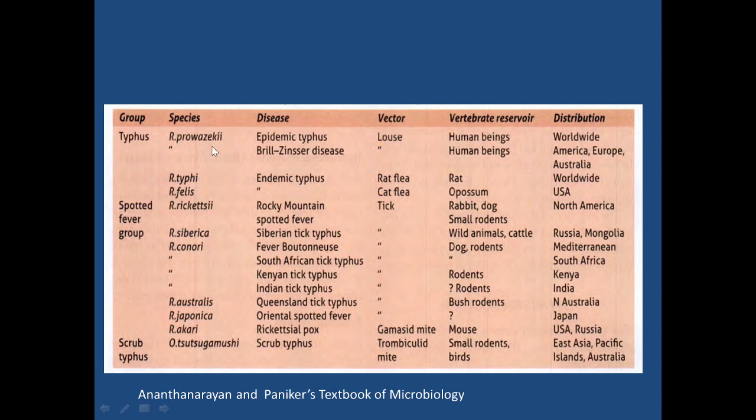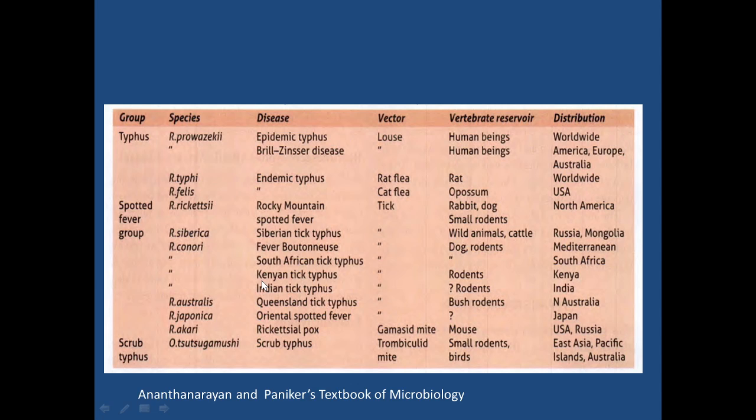And Rickettsia prowazekii causes epidemic typhus, and this is spread by louse, and is also common in cold areas. Okay, so these are different types of rickettsial illnesses found in human beings. Important one for our region is scrub typhus, and in India the others are epidemic typhus, endemic typhus, and Indian tick typhus. So these are common in India.